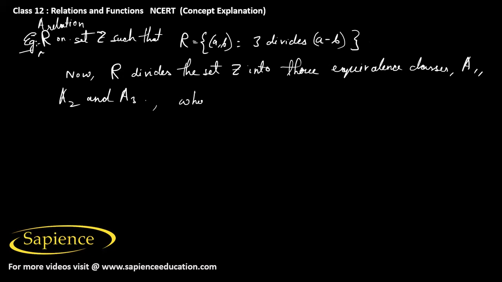A1 is the equivalence class of elements related to 0. It means it consists of all the multiples of 3.